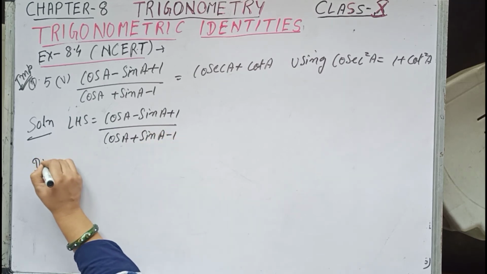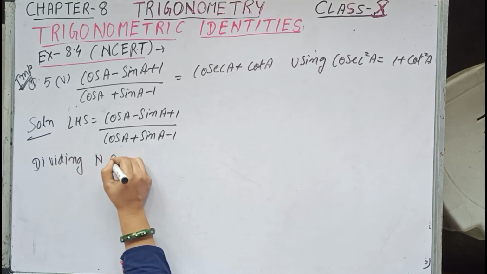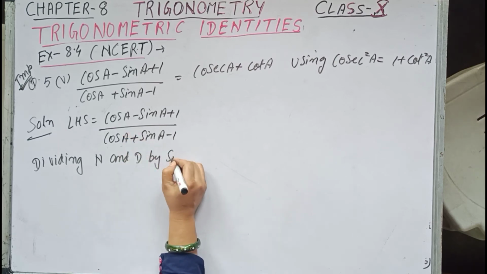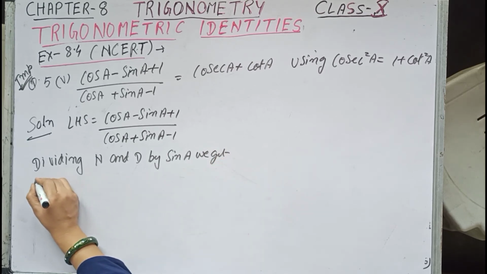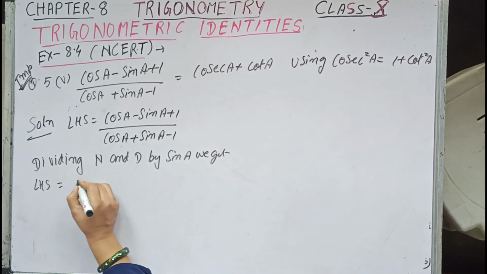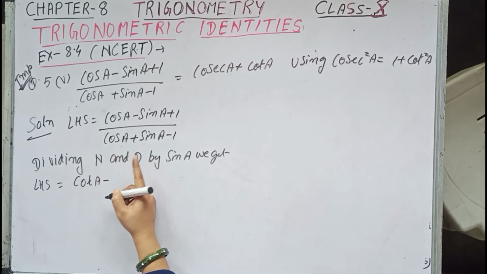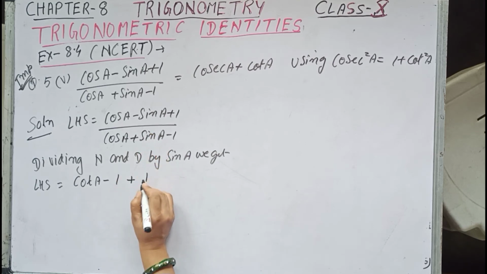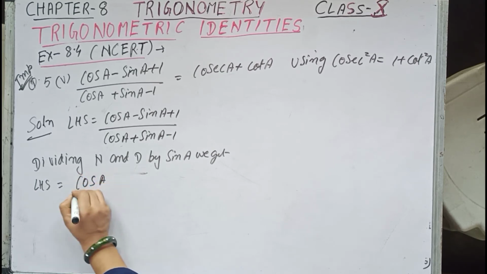Now dividing numerator and denominator by sin A, we get LHS equals cos A by sin A, which is cot A, minus sin A by sin A, which is 1, plus 1 by sin A. I am writing it out so that if confusion is there, it may not arise.